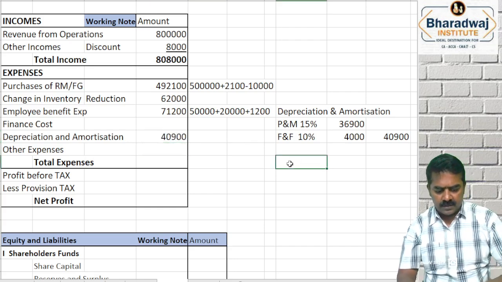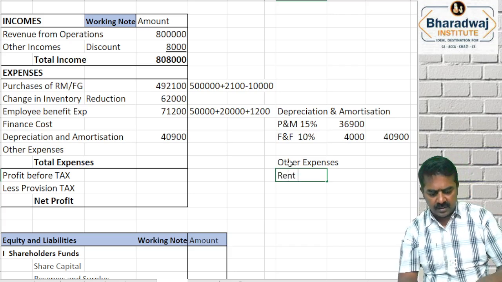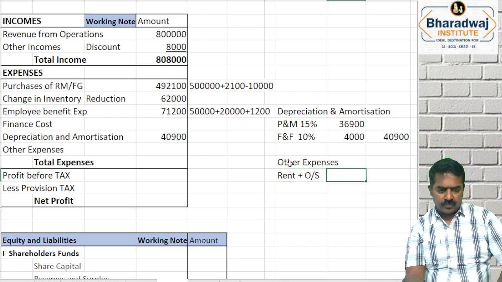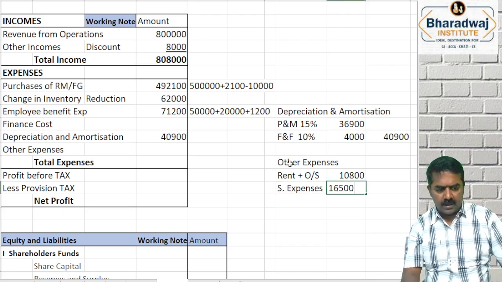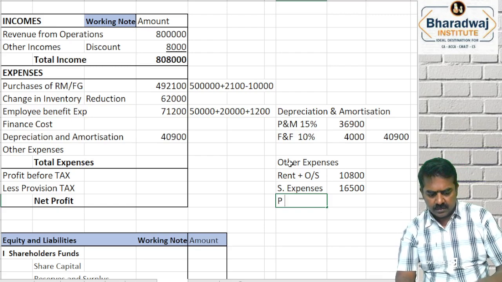Other expenses. Other expense is rent plus outstanding rent. 1,000. What is the total amount? 10,800. Sundry expenses. 16,500. Then provision for bad debts. How much is the provision for bad debts? 26,000.